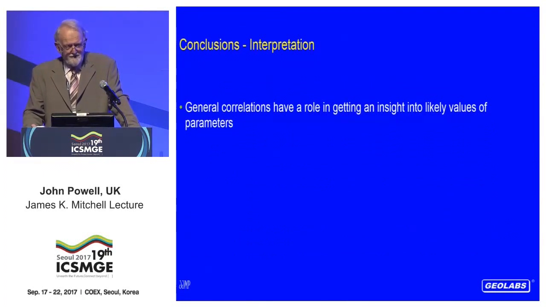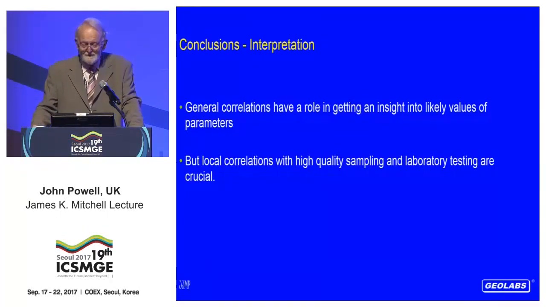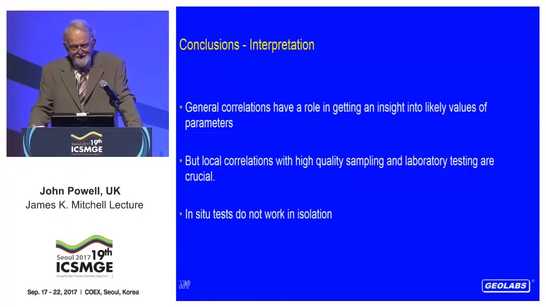General correlations that can be established have a validity in giving us an insight into the likely values of parameters. But local correlations, site-specific correlations with high-quality sampling and testing in the laboratory are crucial. In situ tests do not work in isolation.